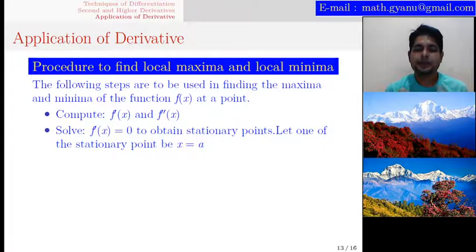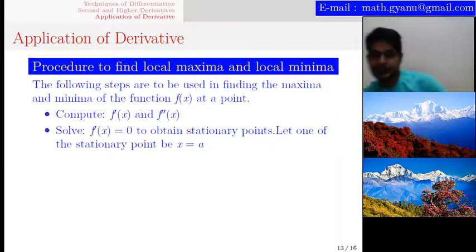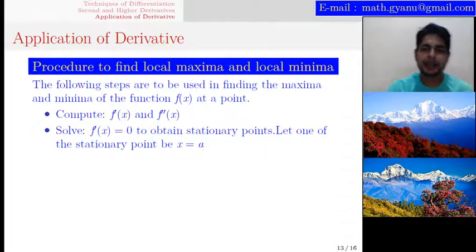There will be one or more than one stationary point available, so we choose x equal to a, an arbitrary point. After solving, suppose you get the value x equal to a. Then find the second derivative at the point a, that means f double prime a.